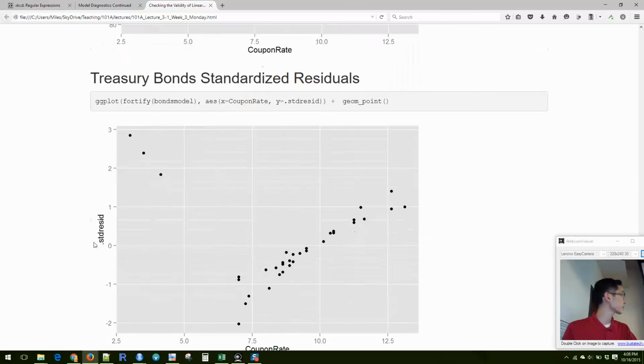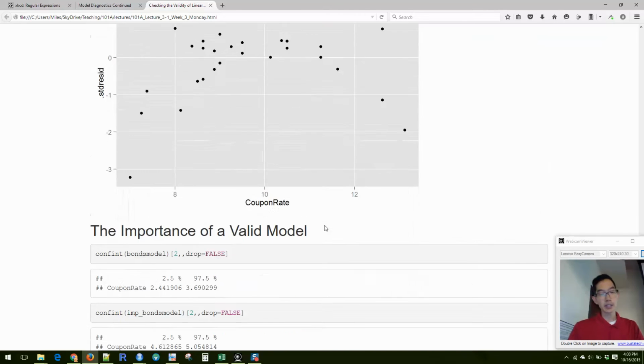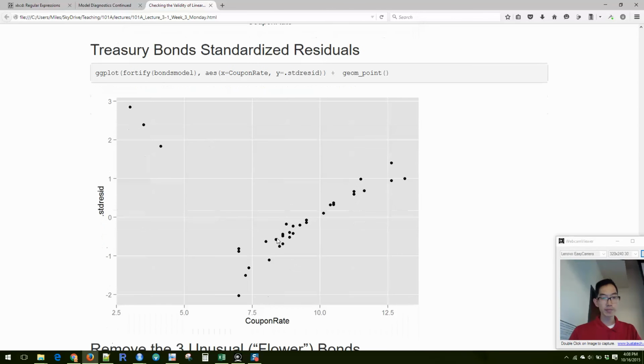And this is the standardized residuals plot. We want to see, are these standardized residuals normally distributed?